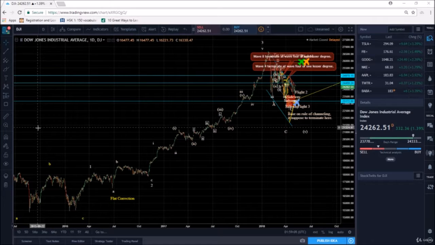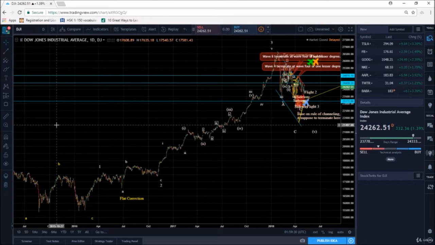I'm going to show you how you can use those three analyses to make a big impact and forecast where the price will potentially go.